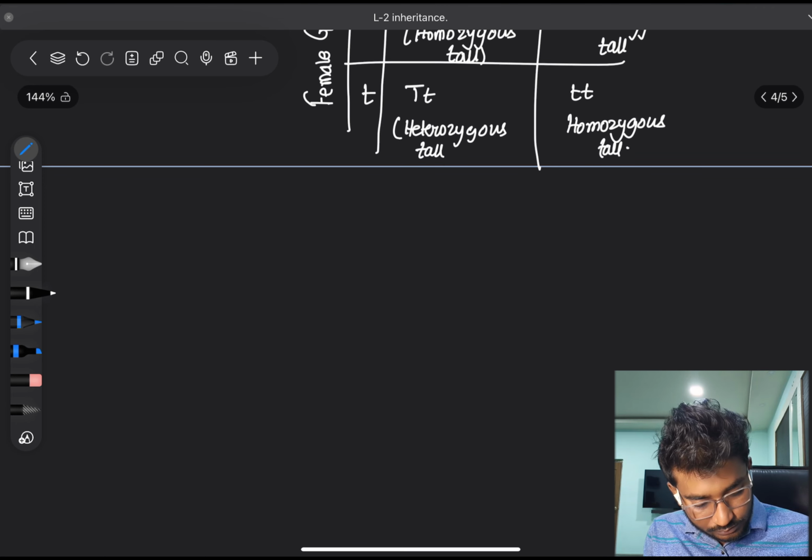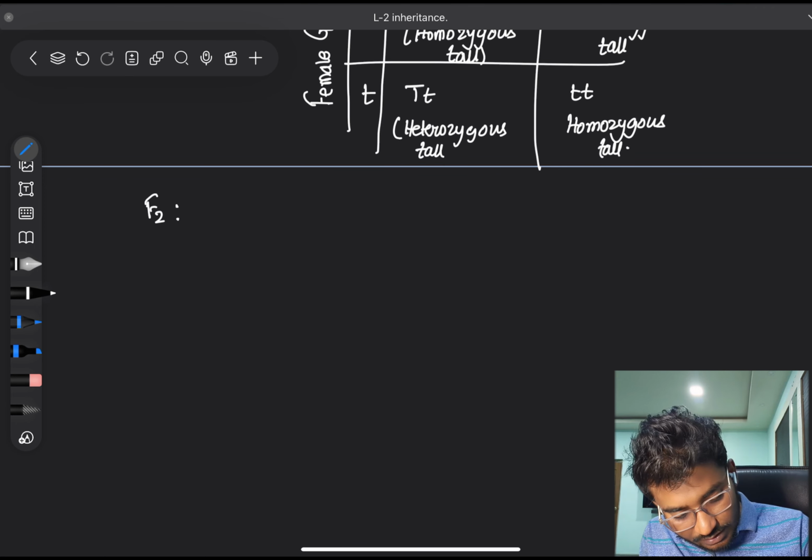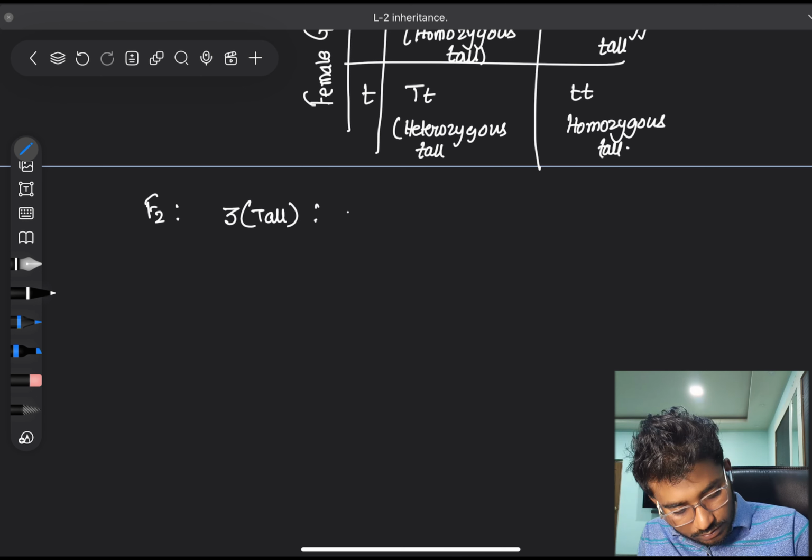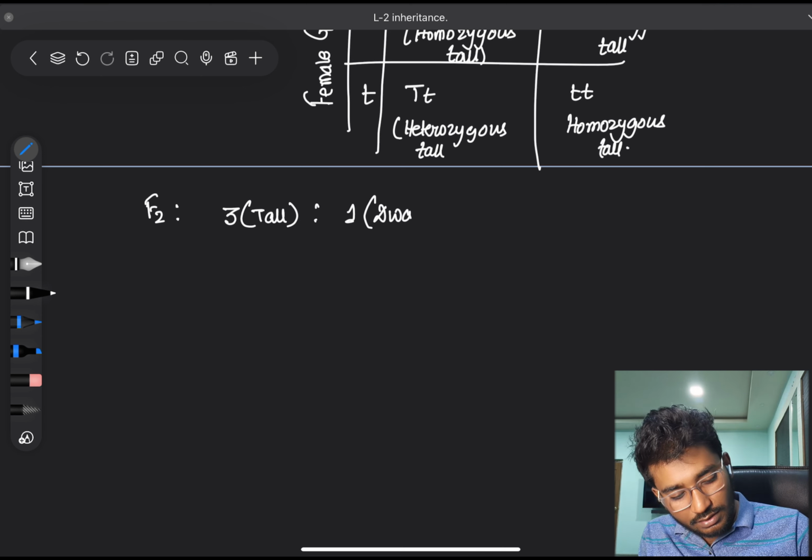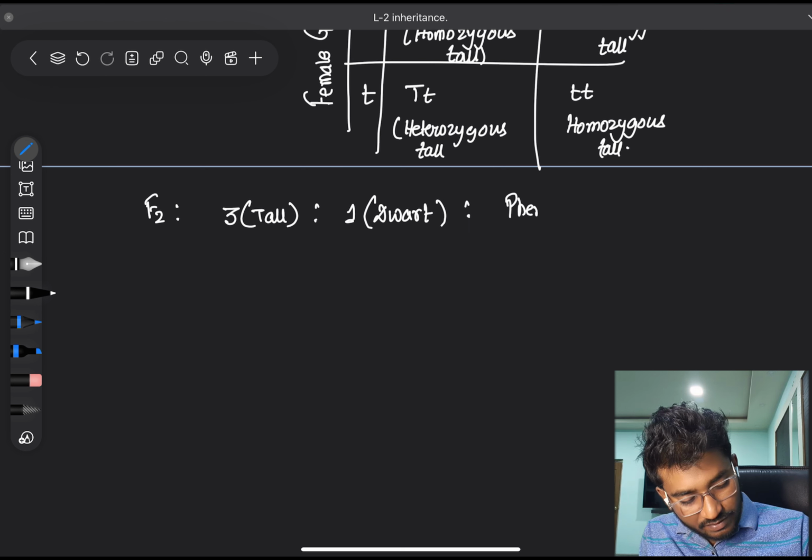Okay. So in the F2 generation, what can we write? 3 tall to 1 dwarf is the phenotypic ratio.